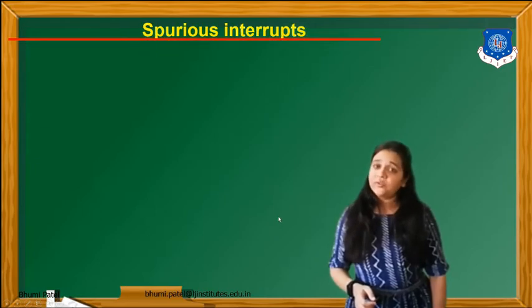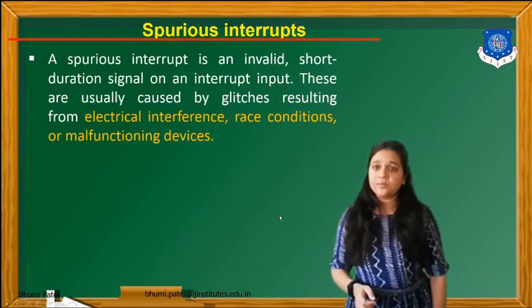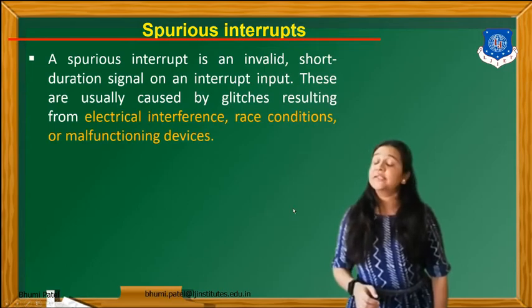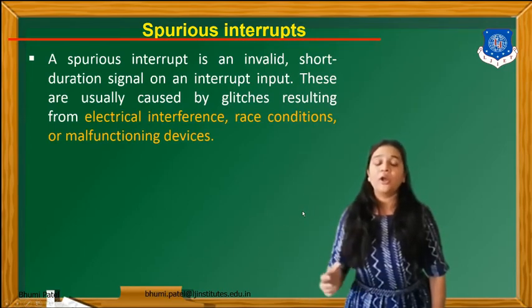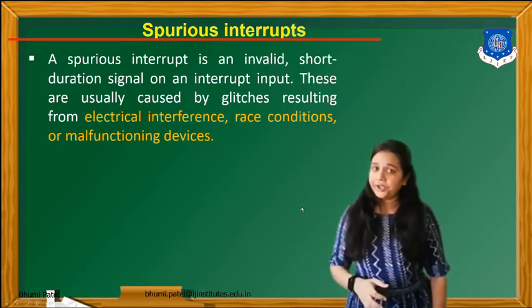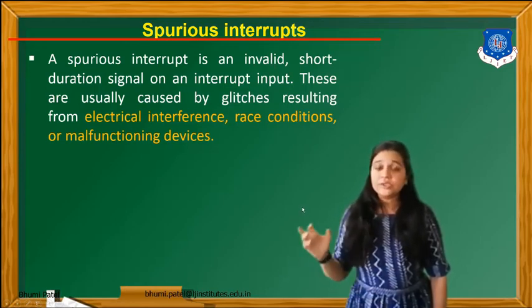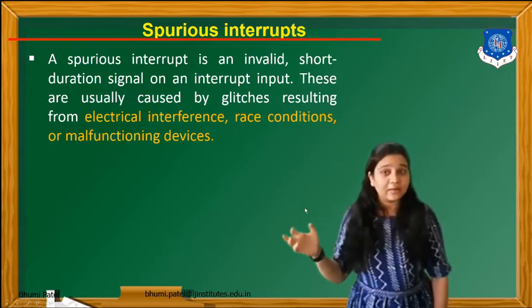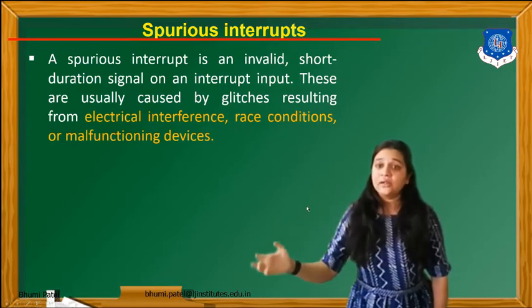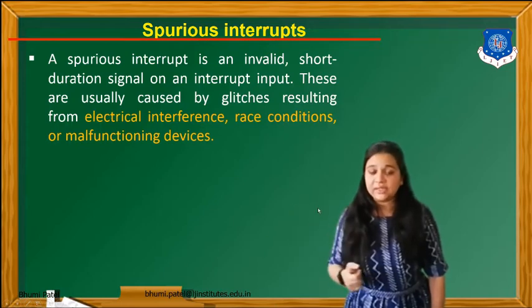So the fourth one is the spurious interrupt. A spurious interrupt is an invalid short duration signal on an input interrupt. These are usually caused by the glitchy result from the electrical interface, race condition or the malfunctioning devices.